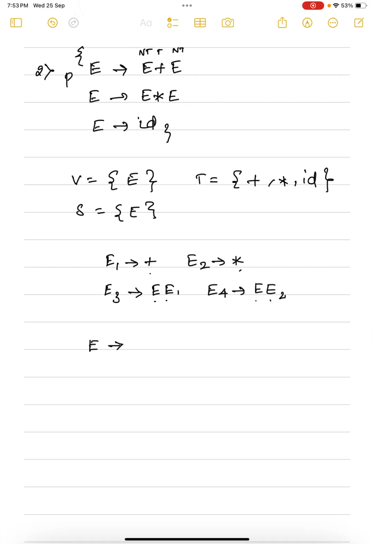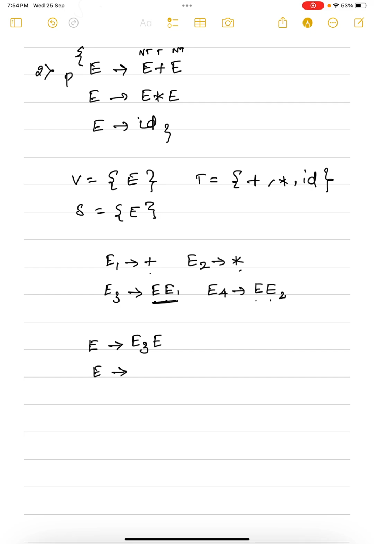See, E plus, we can derive E plus from E3 and E1. Okay, so actually E plus from E3. So it is E3 E. E tends to E3 E along with these two sets of production. These four sets of production can replace the first step.